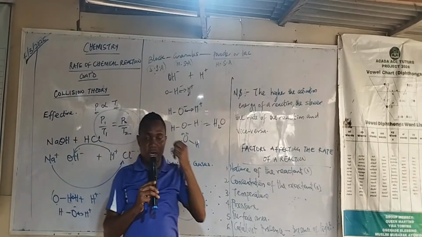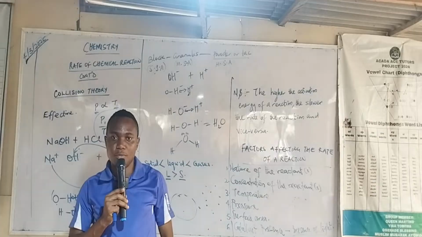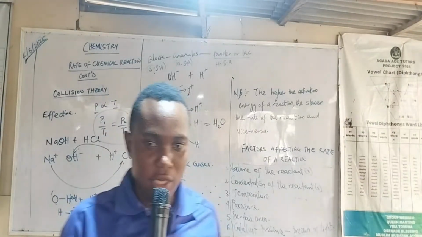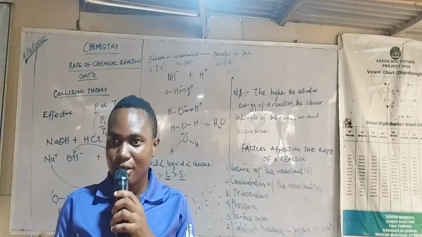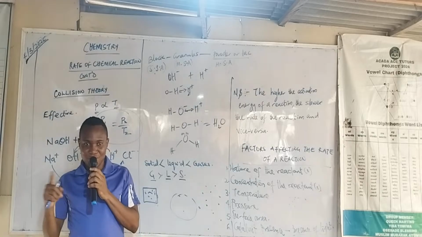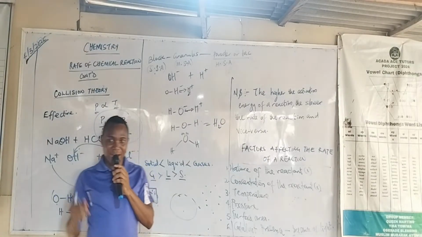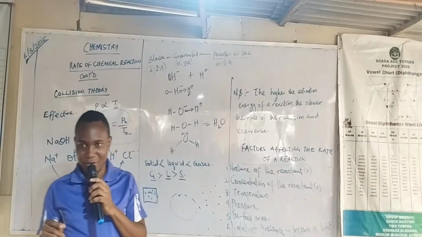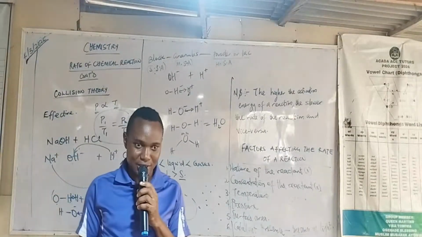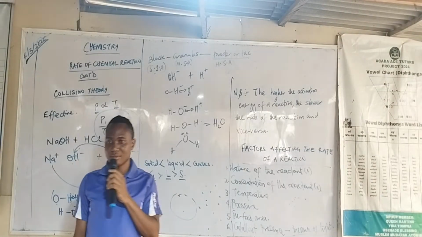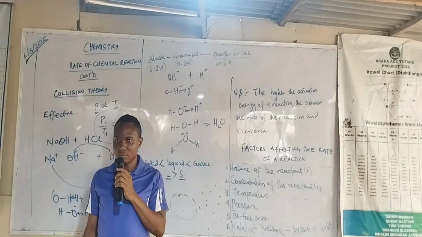One of the common questions usually asked, especially for people writing O-level examination, is: if iron wool, iron filings, and iron rod are to be combusted or reacted with oxygen, which one will burn faster? It is the wool.